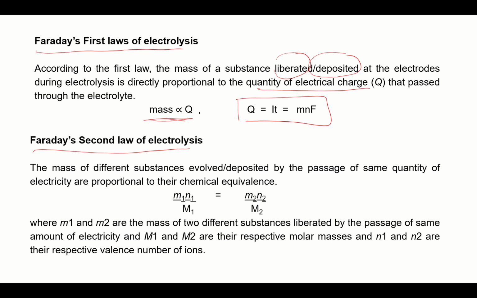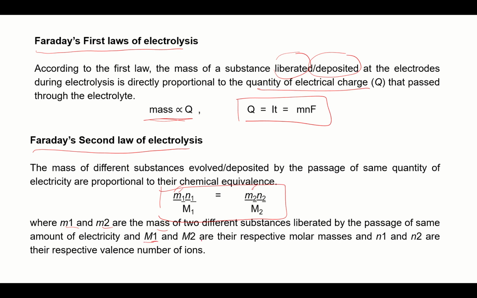For Faraday's second law, the mass of different substances evolved, liberated or deposited by the passage of the same quantity of electricity are proportional to their chemical equivalents. So these are the chemical equivalents. Small letter m1 and m2 are the masses of two different substances.